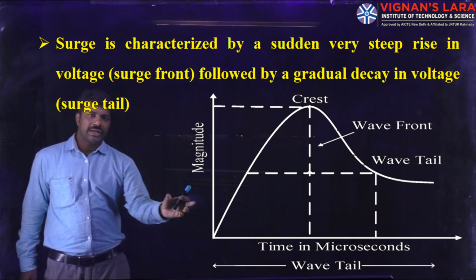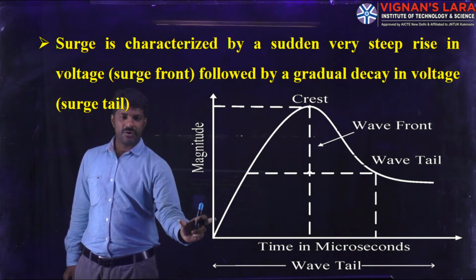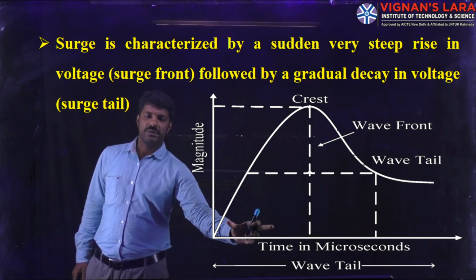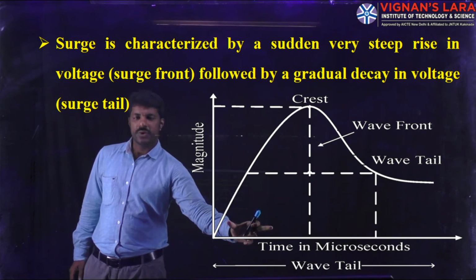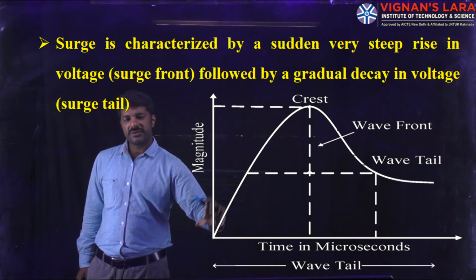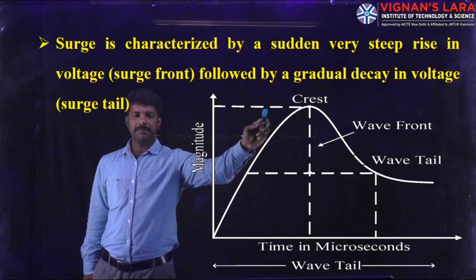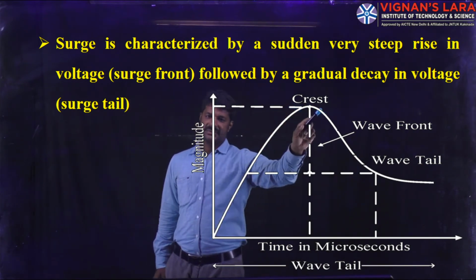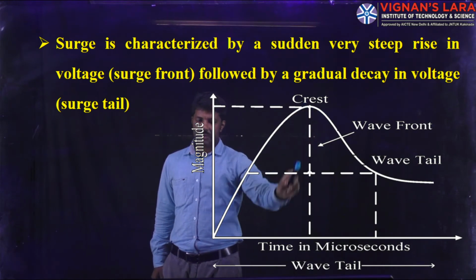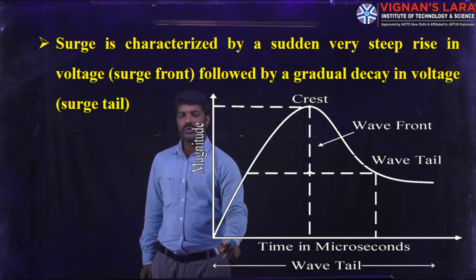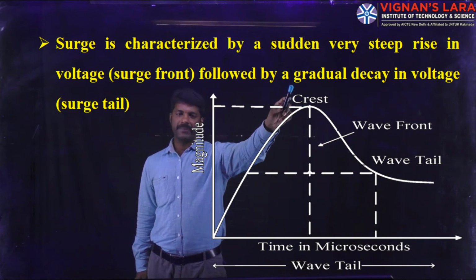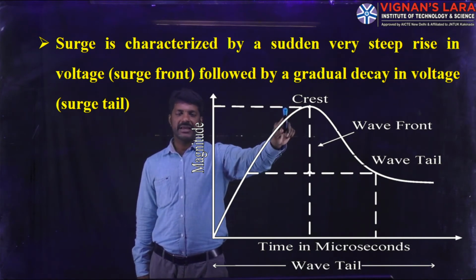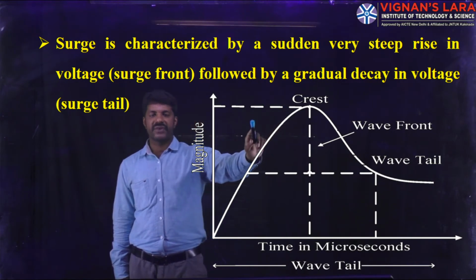Within no time, meaning a very small duration, you can observe a sudden rise of the voltage to its peak value called the crest. So it takes a very small amount of time to reach the crest value or peak value. Such a very steep rise in the voltage, we technically call the surge front.